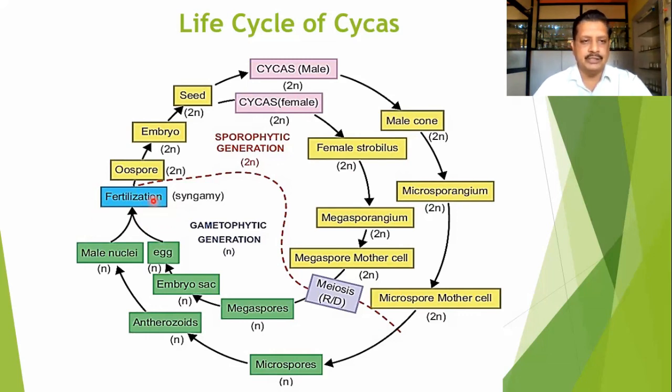This fusion is known as syngamy, and after syngamy a diploid oospore develops. From this oospore the diploid embryo develops, and after maturation it gives rise to a seed-like structure which germinates epigeally to give rise to the cycas male or female plant. So this is all about the life cycle of cycas.